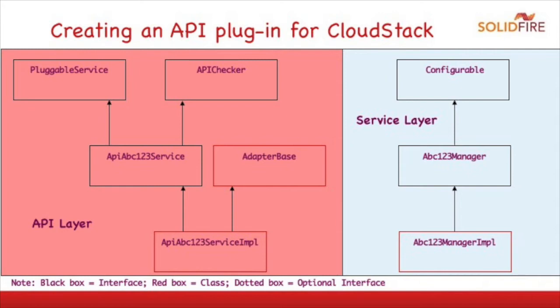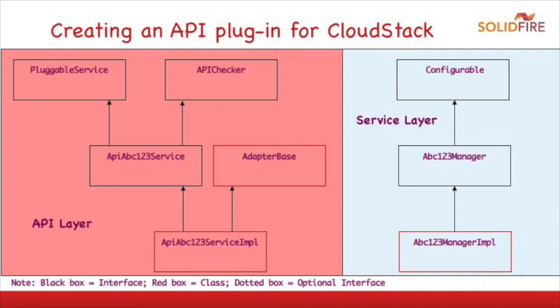And that particular interface can, although it doesn't have to, extend the configurable interface. In my case, that was actually useful. That is what allows you to have things like global settings associated with your particular plugin. In my case, they weren't global settings, they were account level settings. For every account, I wanted certain settings where you could set the min, max, and burst IOPS and a certain number of maximum bytes and things like that.